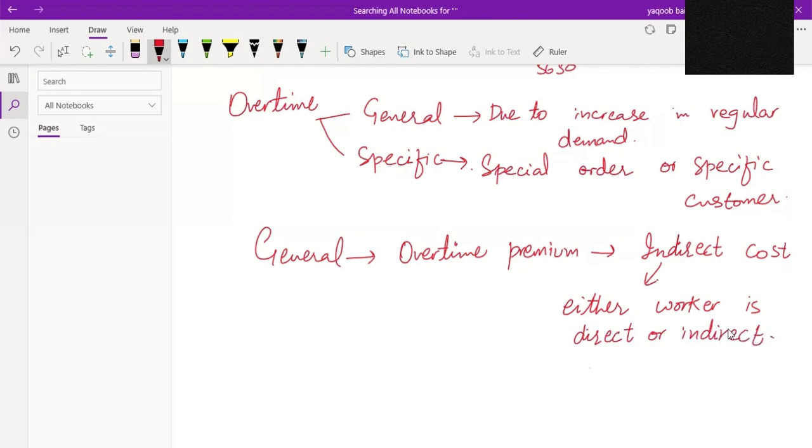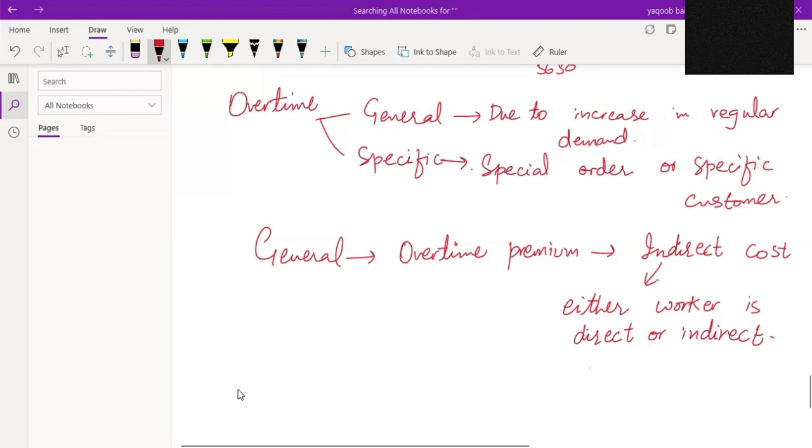This is called general overtime premium. Premium means additional wages over the basic wages.